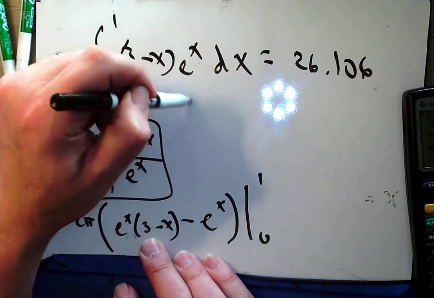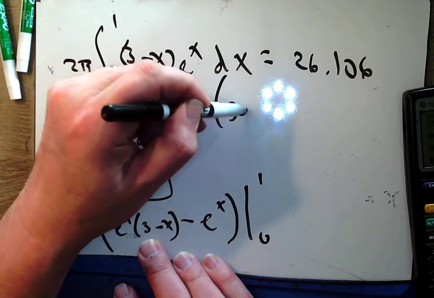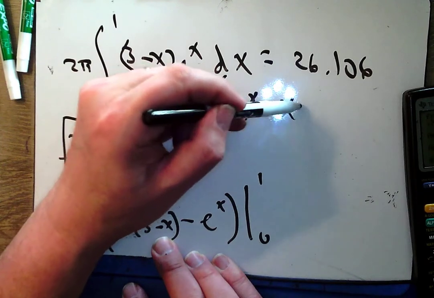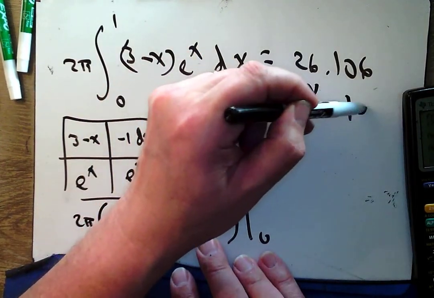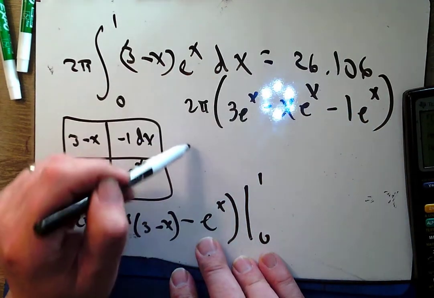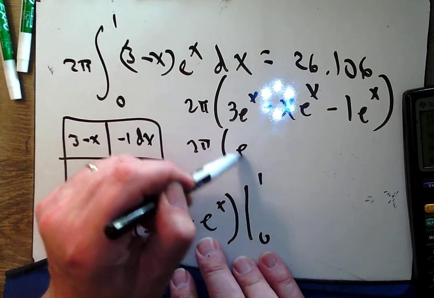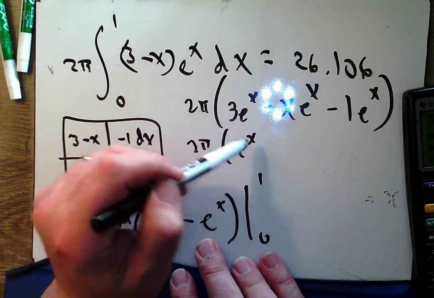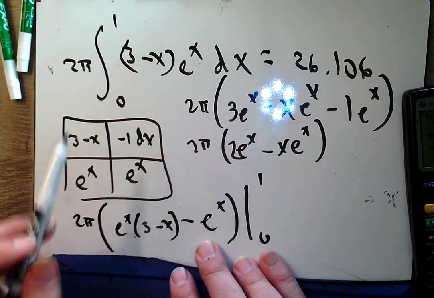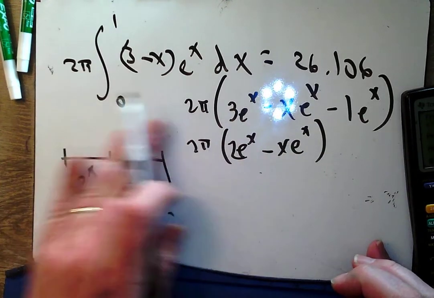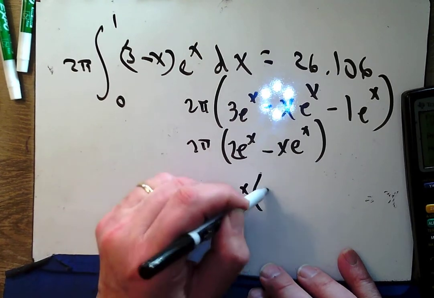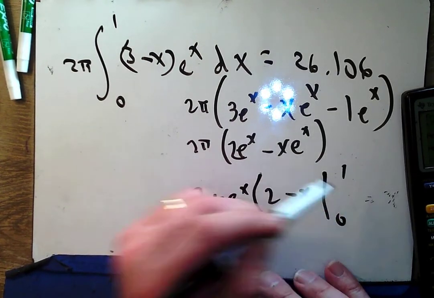That's going to be 2 pi 3 e to the x minus x e to the x minus 1 e to the x. And so I can combine my terms. 2 pi 2 e to the x minus x e to the x. Yeah, really don't want to evaluate that way. I would much prefer 2 pi e to the x, 2 minus x, from 0 to 1.